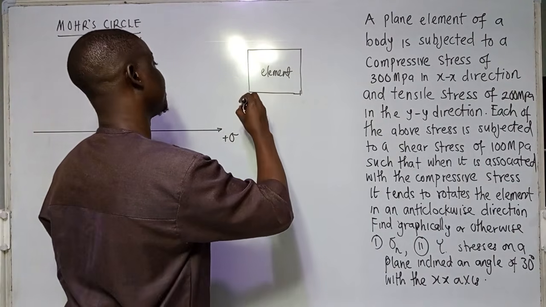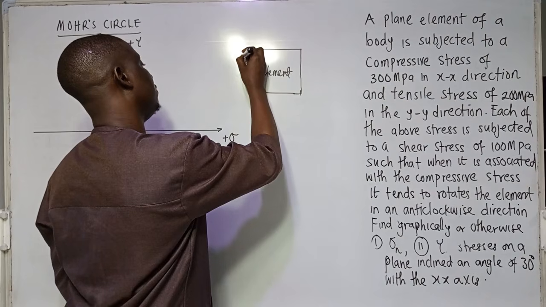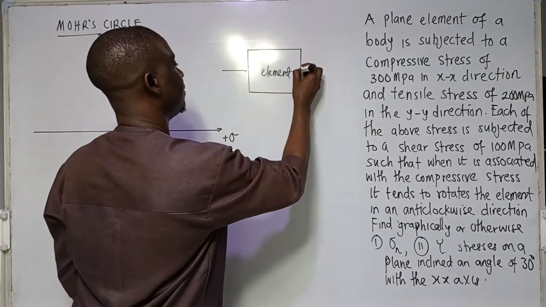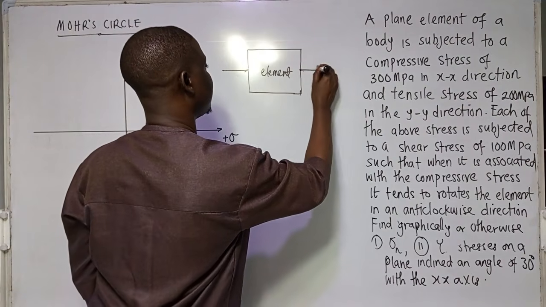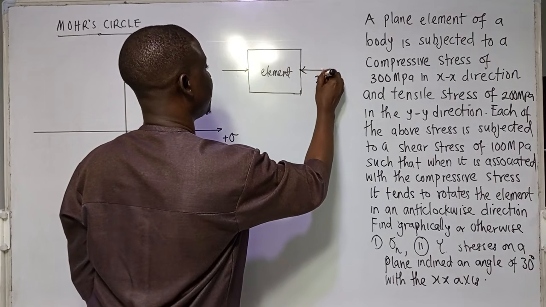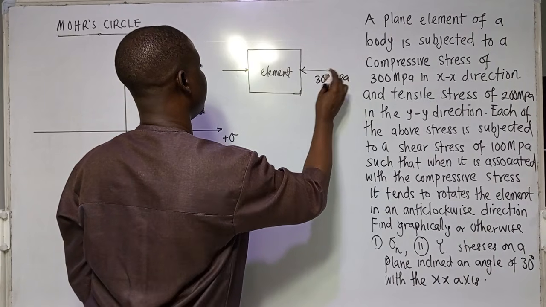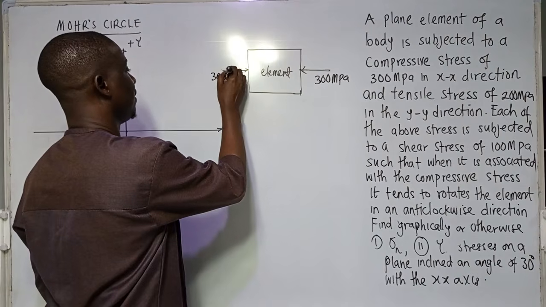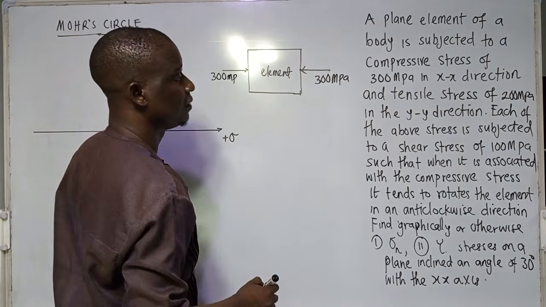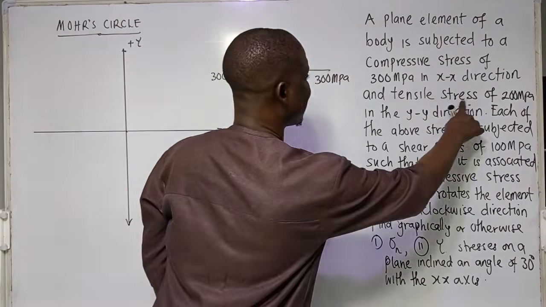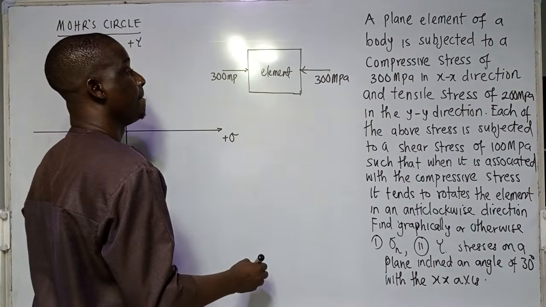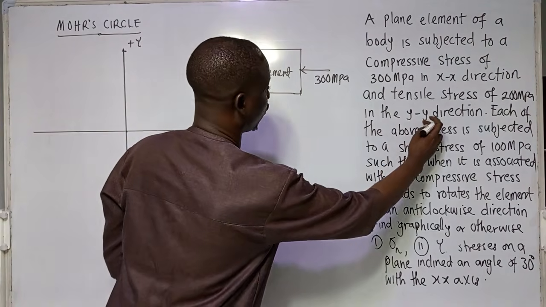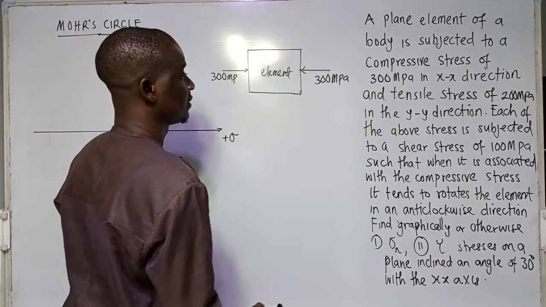So that means, let's say this is compressive, that is 300 MPa, megapascal, and tensile stress of 200 megapascal in the Y direction.